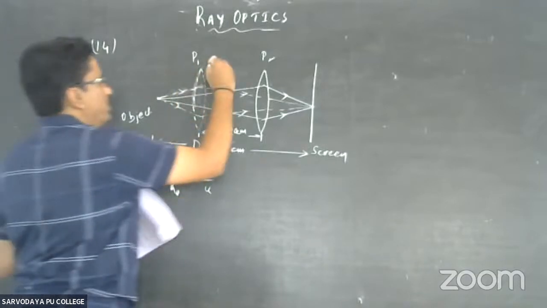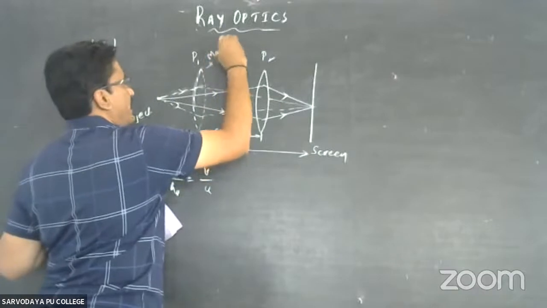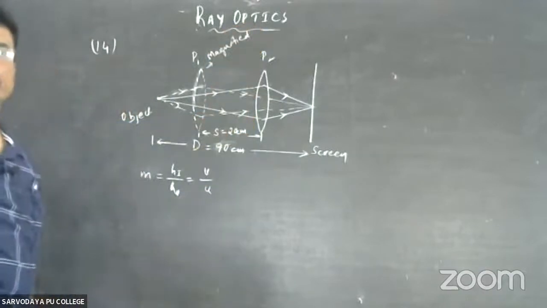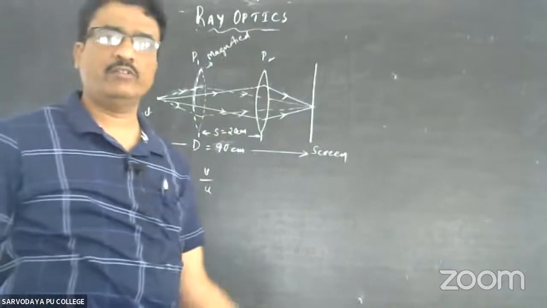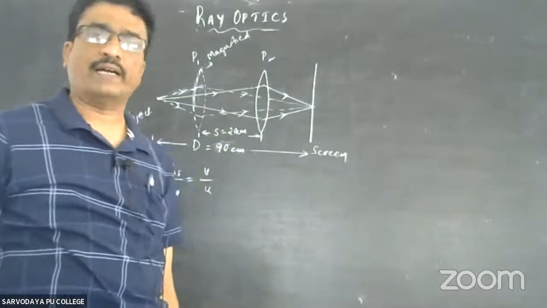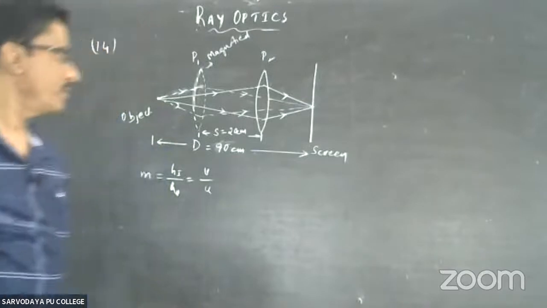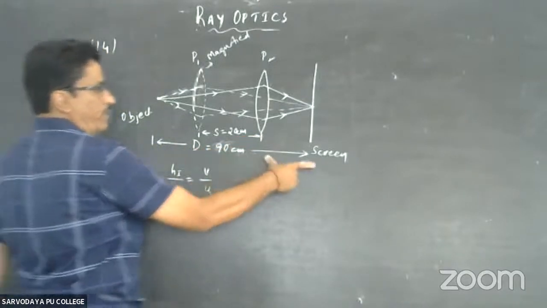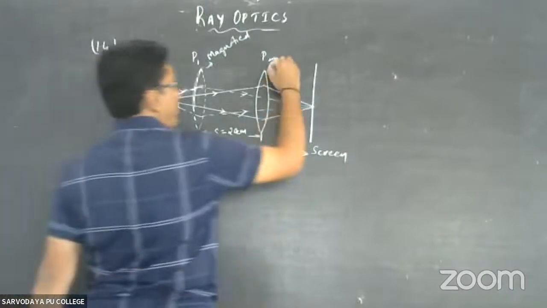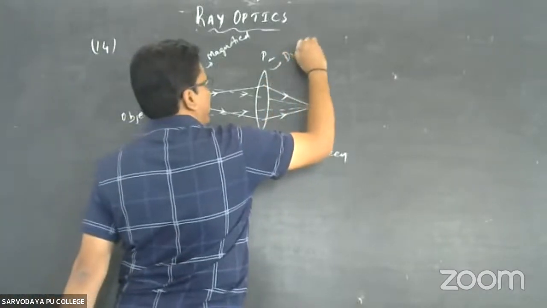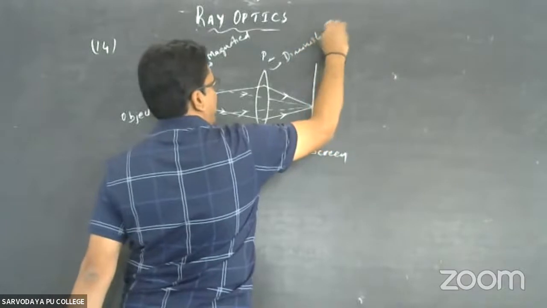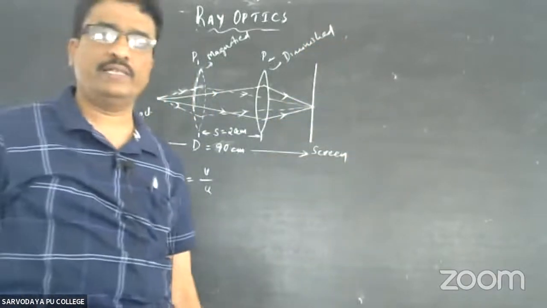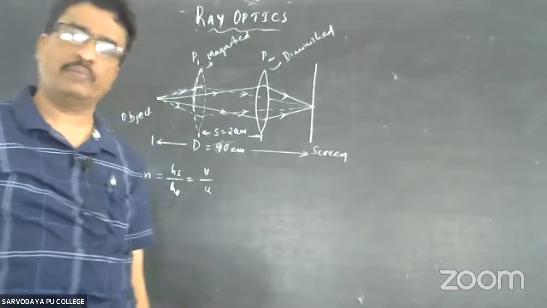Therefore, we get a magnified image. When the lens is close to the object, the screen will be at greater distance and a magnified image is obtained. But for the second position, u is more, but v is less. Therefore, we get a diminished image. So at one position we get a magnified image, and at the other a diminished image.